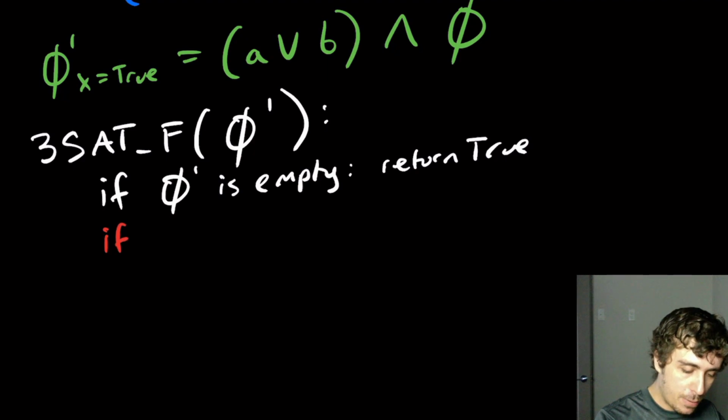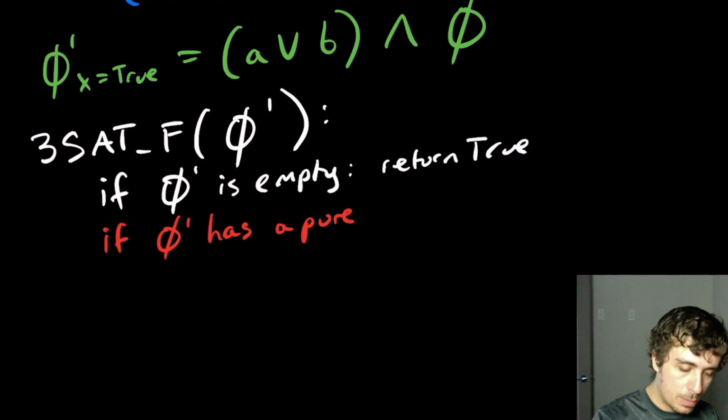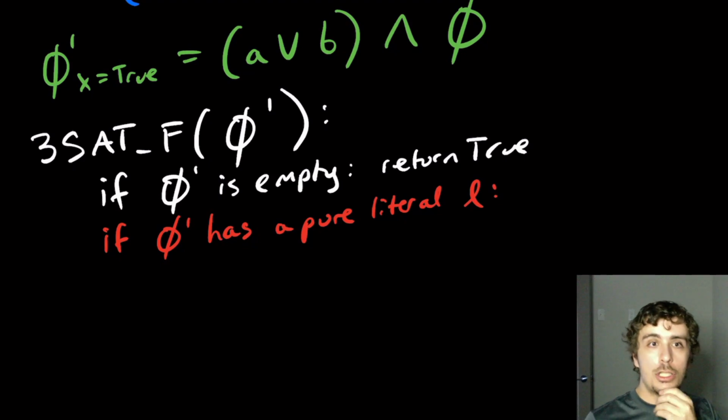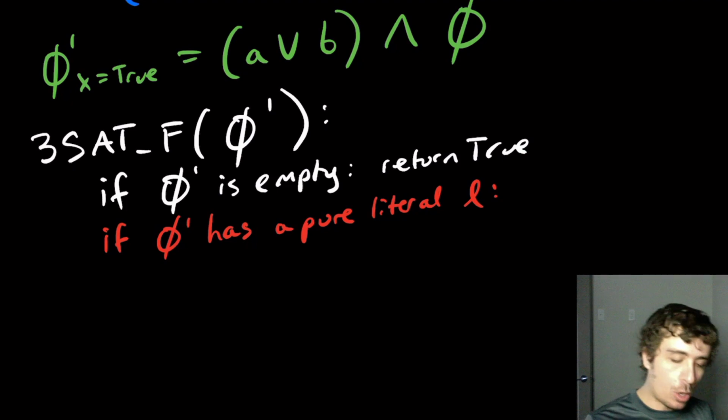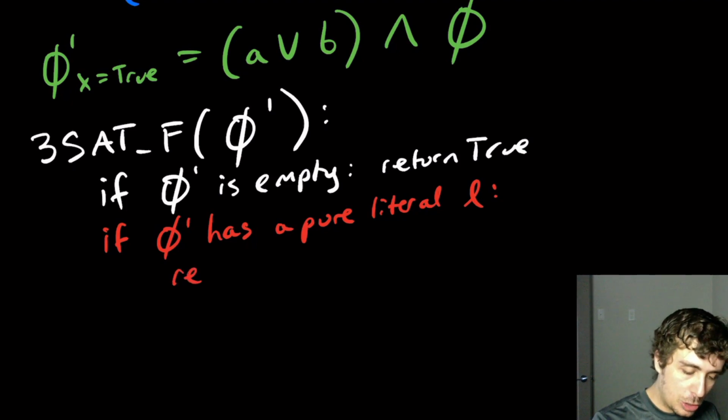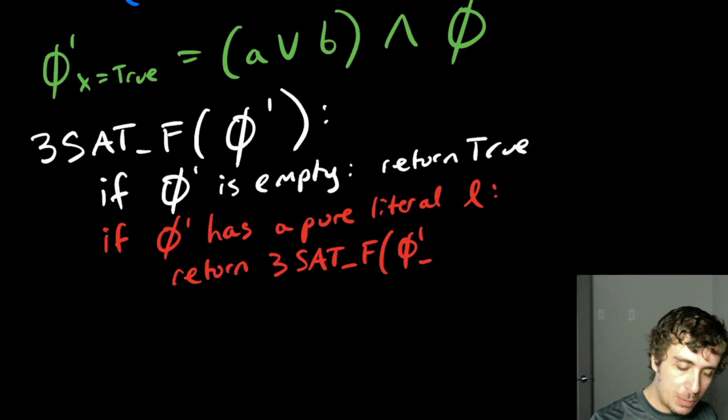So if phi prime has a pure literal, let's call it L, we might as well just set that thing to be true all the way through. So I'm going to just return 3-SAT-F of phi prime subject to the case of L being true.